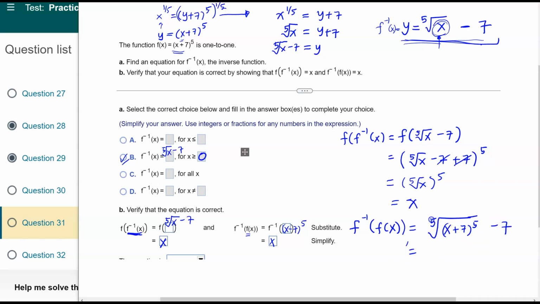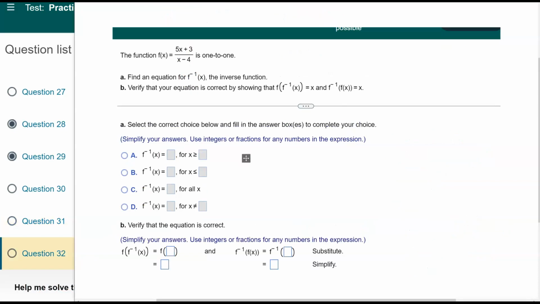And this expression here, that cancels, so that is just x plus 7 minus 7. And then 7 minus 7 is 0, right? So you only have x there. So if that is true, then the equation is actually verified. It's verified that this equation that we got here is the inverse of the given function.